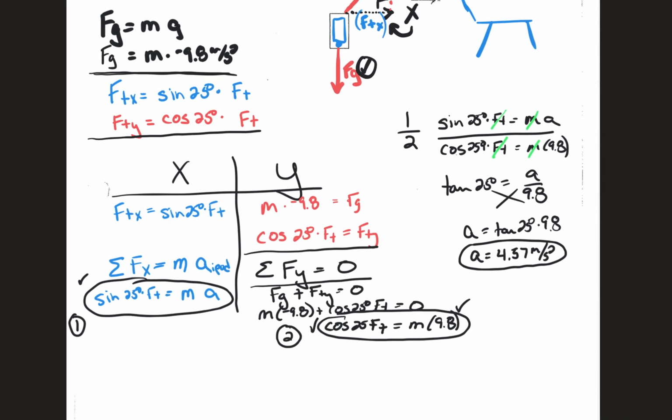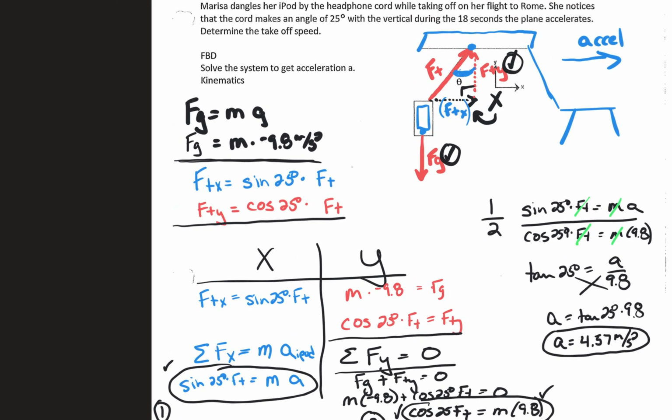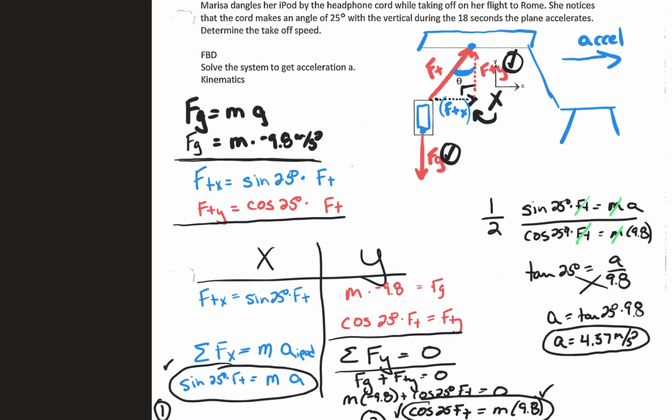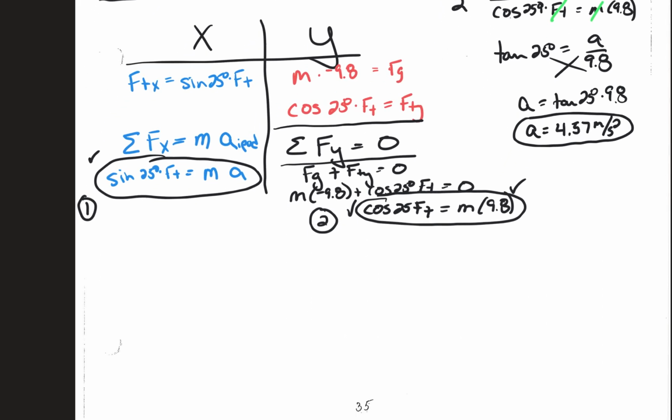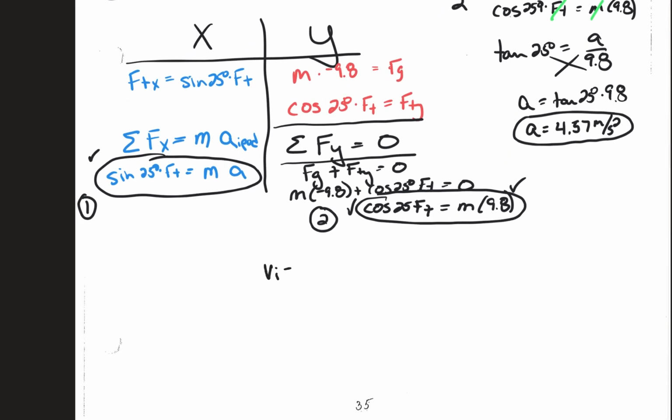The final unknown, if you go back to the beginning, is what is the takeoff speed? So what we have is a v initial of the plane of 0. We have a v final, we don't know, that's our takeoff speed. We have an a of 4.57 meters per second squared and a time of, it's up in the given, 18 seconds. So you have 18 seconds of the plane rolling down the runway. And I think we can put this together.